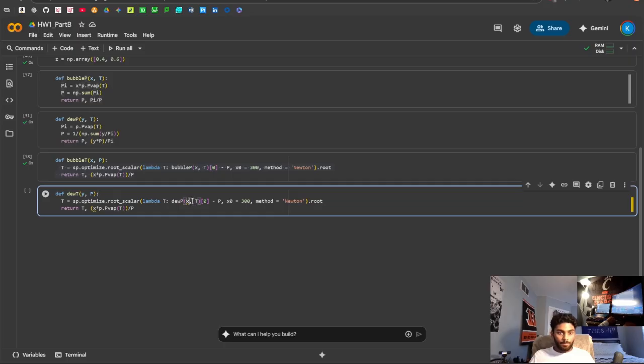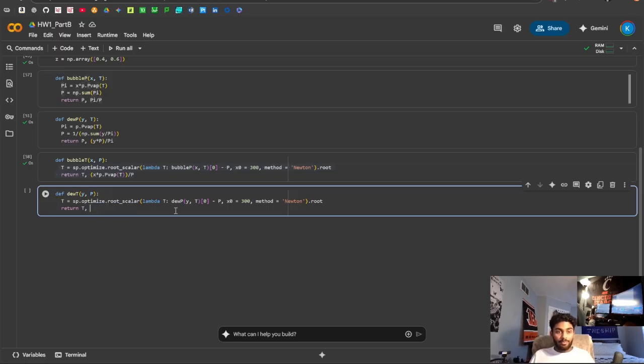All right. So now we have an input of our vapor phase mole fractions matching up right there. We still have an initial temperature guess, which is a dumb guess, not necessarily based on anything in particular.